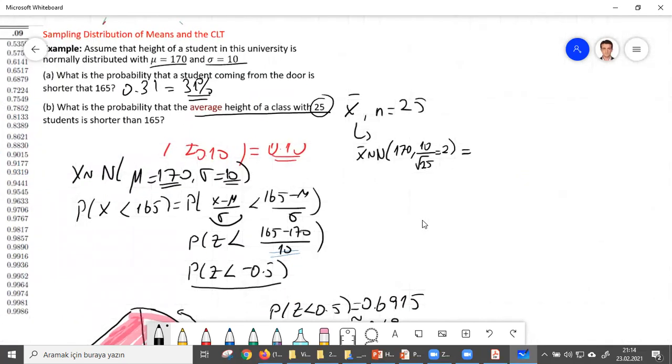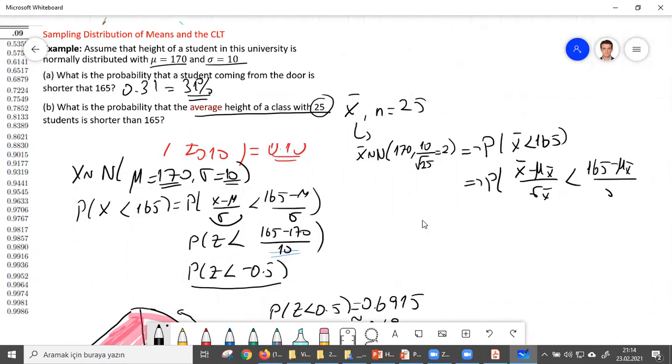Then let's find the probability that x bar is smaller than 165. Now let's write the probability definition. X bar minus mu of x bar divided by sigma of x bar is smaller than 165 minus mu of x bar divided by sigma of x bar. Now this is z by definition. Why?